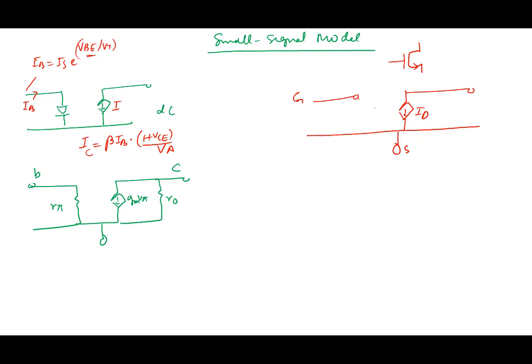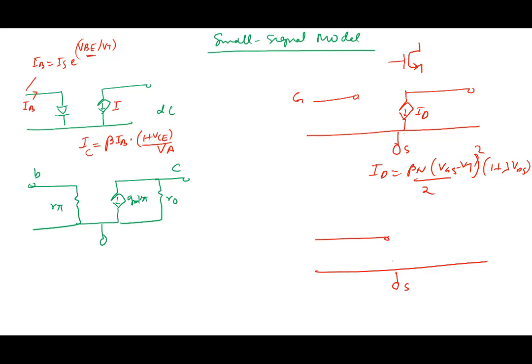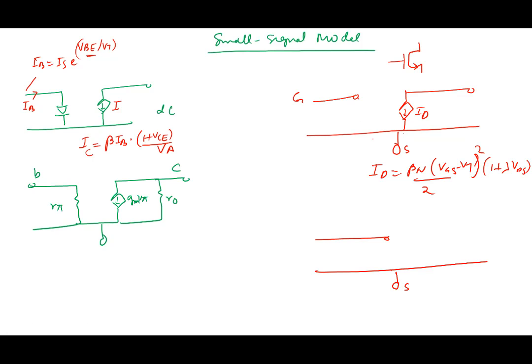ID is some function of VGS, and so ID is beta n times VGS minus VT, squared by 2, times 1 plus lambda VDS. So in the small signal model, it then becomes like this. Gate, there's nothing in between gate and source.